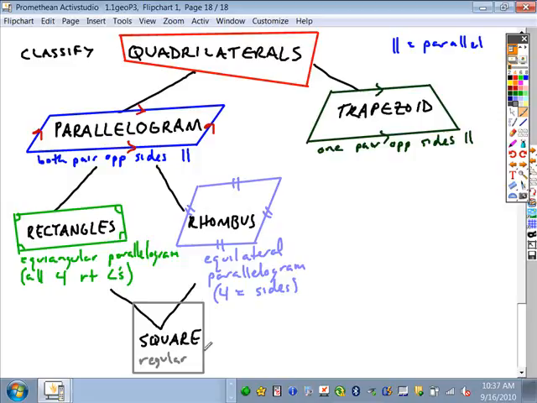Therefore, it is a regular parallelogram. So it is 4 equal sides, 4 equal angles.